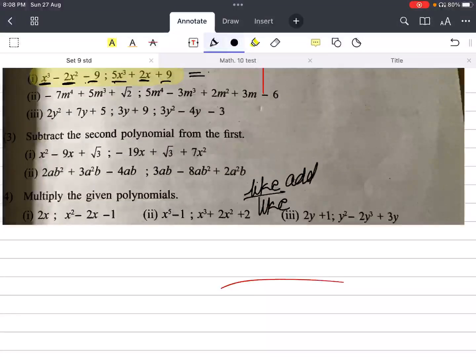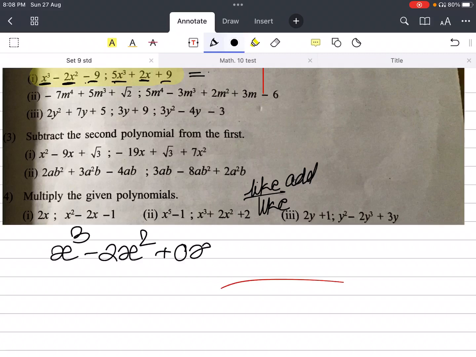So first of all we will write it in index form: x cube minus 2x square plus 0x minus 9. Okay, so this is our first equation.